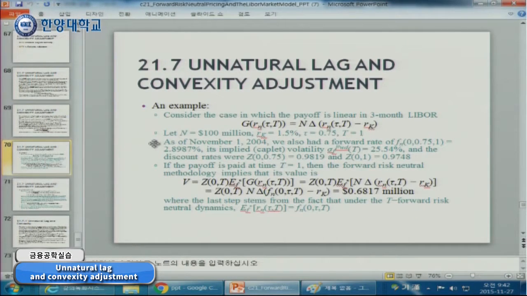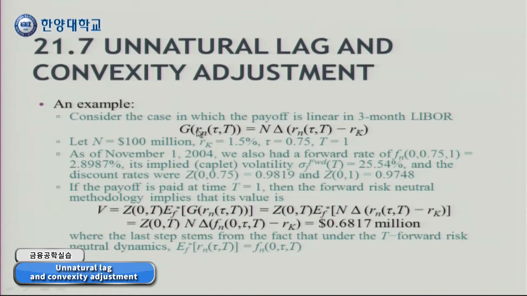So let's take an example. Consider the case in which the payoff is linear in 3-month LIBOR. G(R_n(tau, T)) is notional value N times delta times the rate. Let N be notional of $100 million.